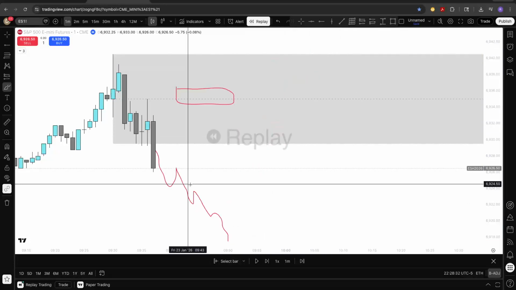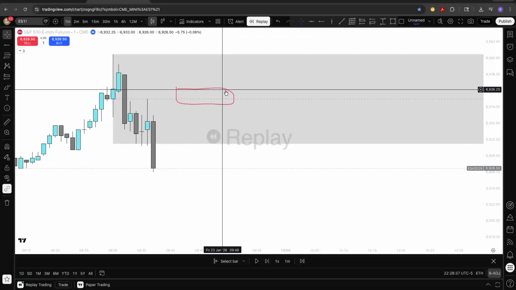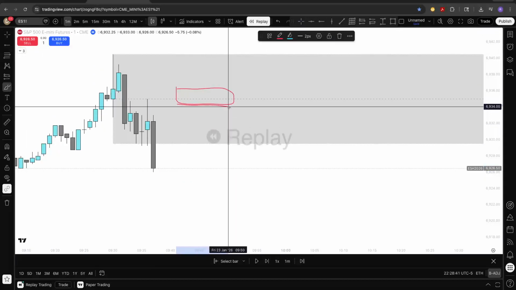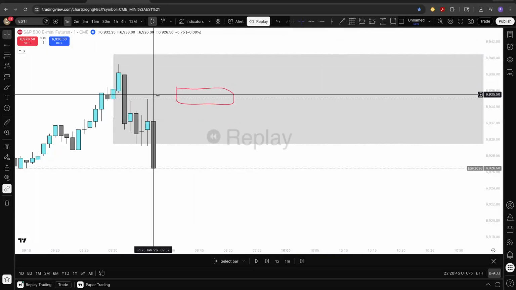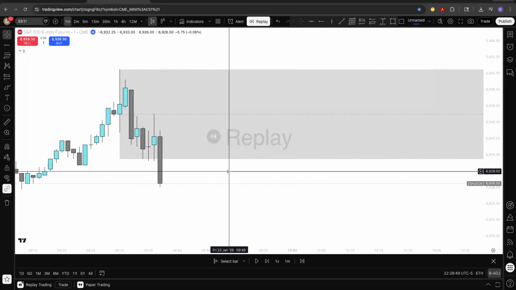But for the first initial move, we're always looking for the middle of the box. Maybe if there's a lot of selling pressure, anywhere down here is fine, but just make sure you're very certain that there's a lot more pressure than another. And then that'll be shown with our other confluence that I'll get into in another video, okay?